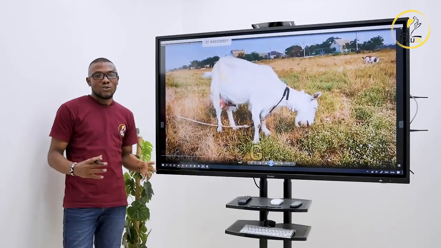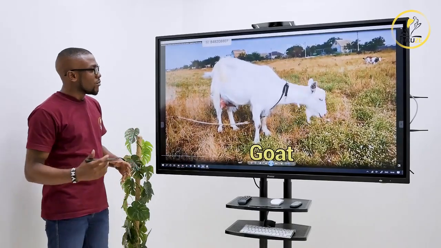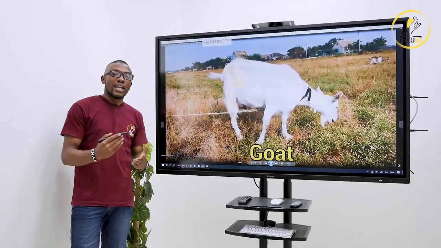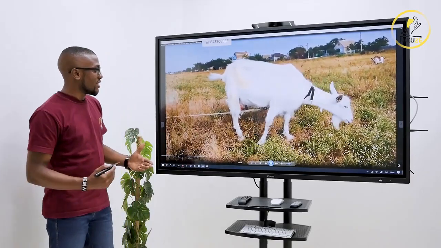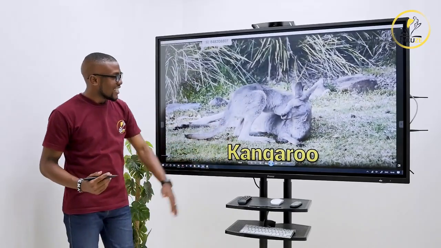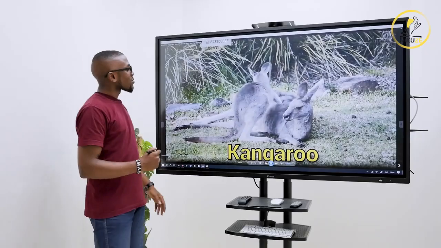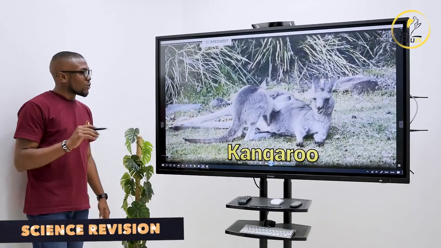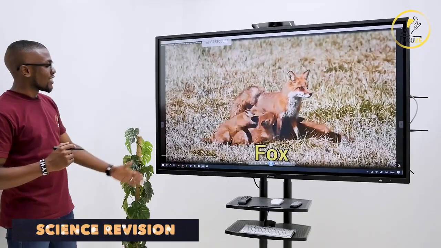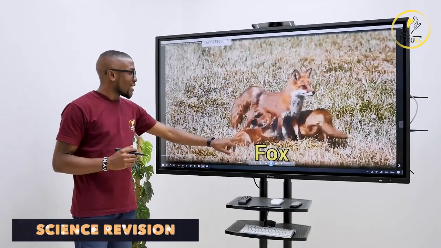We can't exhaust them all. As time goes by, we'll also be able to see the sea mammals, that is the likes of the whale and the dolphins. All these are the sea mammals. Kangaroo. But I want us to look at the last ones. We also have the hyena, also a mammal, and this is the fox. So they're quite a big number.